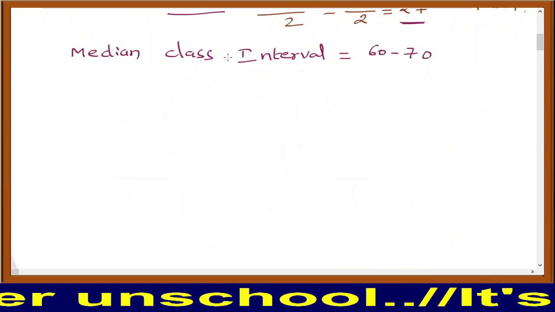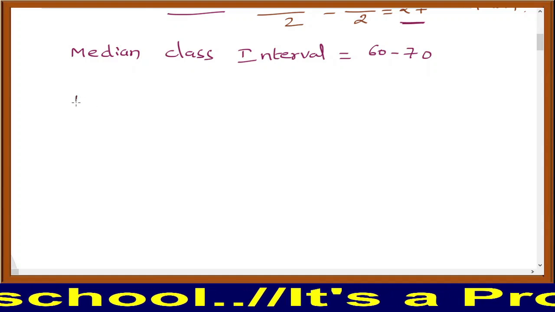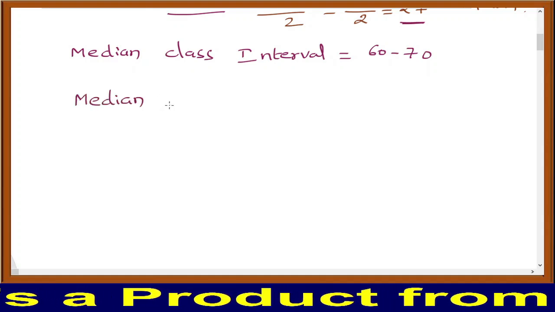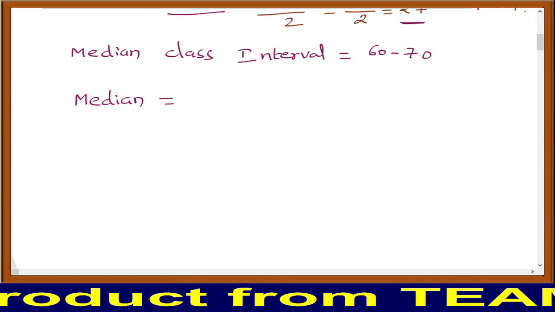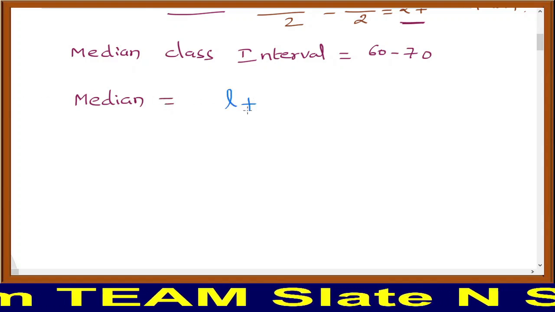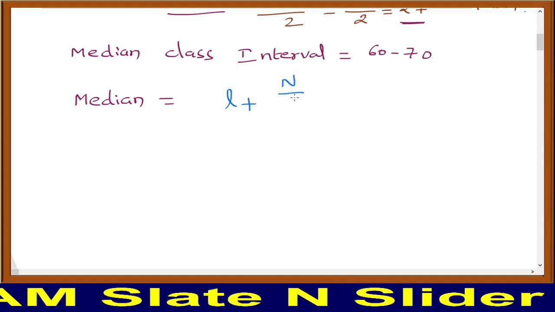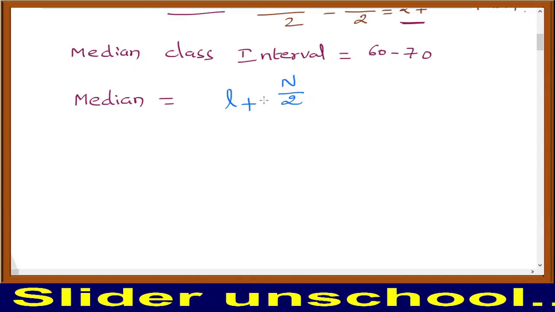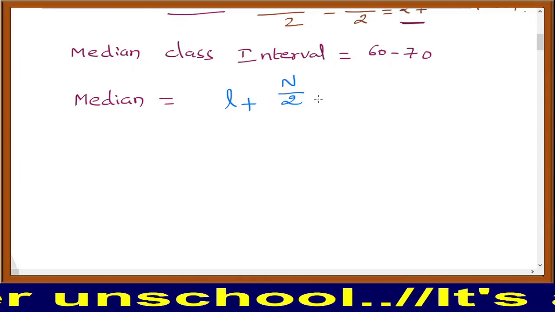Now we will write the formula for finding the median of a grouped frequency distribution table. The formula for the median is equal to L plus (n by 2 minus Cf) by f into h. N by 2 means we have to make the sum of the frequencies half.